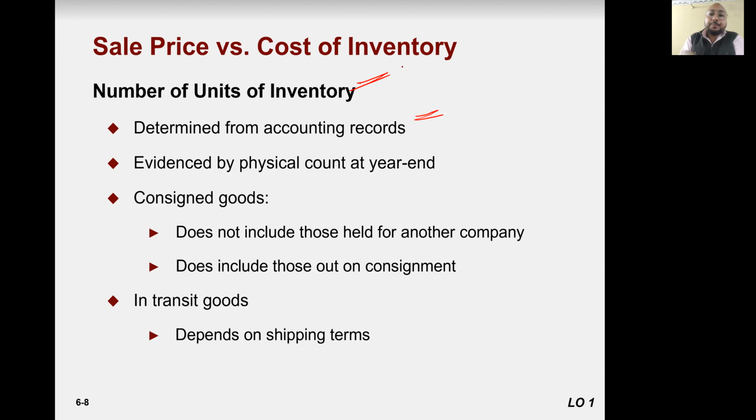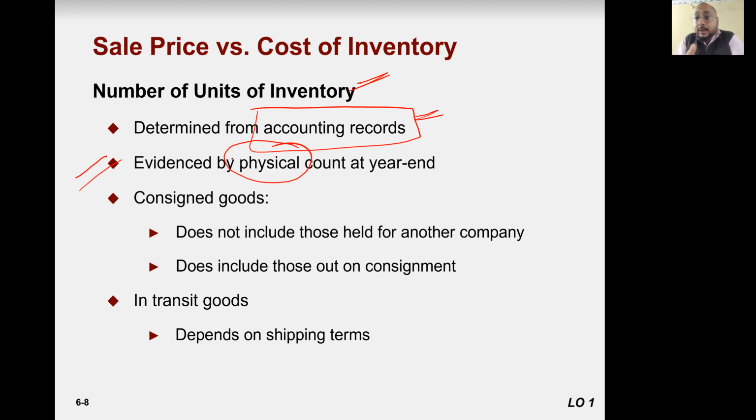So how do we find out how many units are left? Simply, we do mathematical stuff through accounting records, we can find out, or at least once a year we physically count those items. So you have heard on a number of occasions from your parents, from your friends, from your teachers, or from your bosses that okay, a new audit is coming, inventory audit is going on, you need to go to the stores and count all those items.